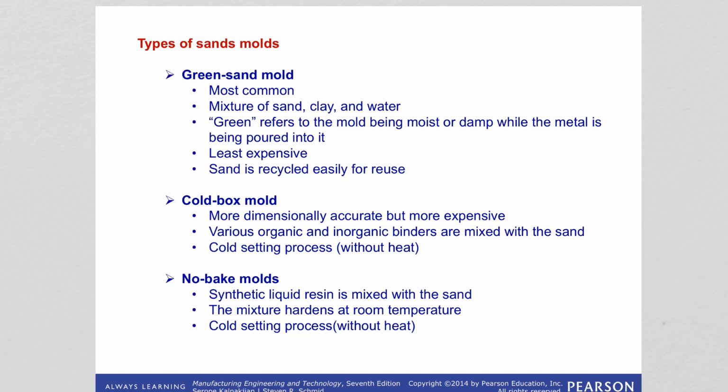Therefore, we don't need to use heat to set the mold. Generally, sand molds can be oven dried, or we call it baked, prior to pouring the molten metal. Of course, this makes it stronger and provides better dimensional accuracy and surface finish to the casting.